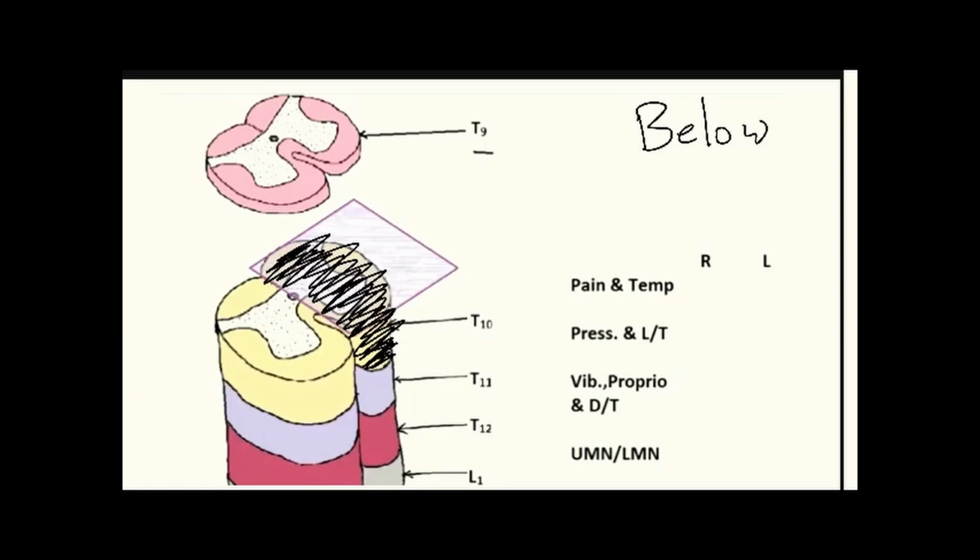So pain and temperature below the level of the injury on the right side. Will I have on the right side any pain and temperature sensation below the level of the injury?